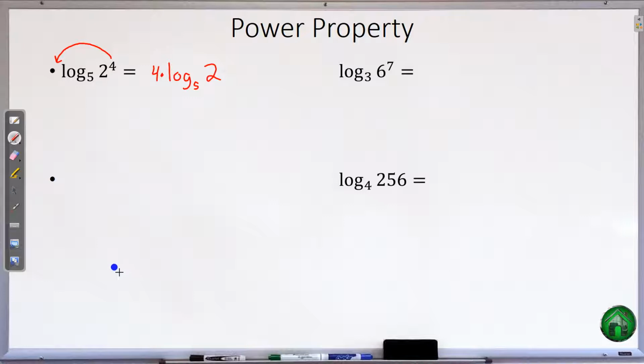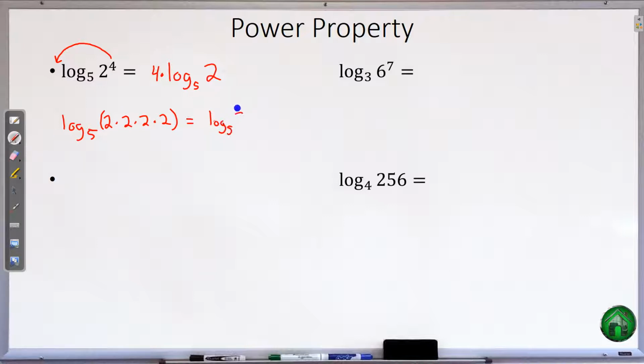And that is just an extension of the addition multiplication property, because this is log base 5 of 2 times 2 times 2 times 2, 4 of them, right? Well, I can turn that into log, that is not how you're going to write log.